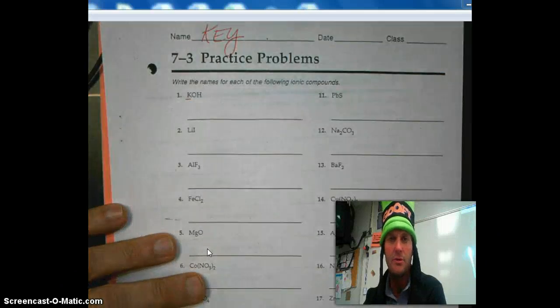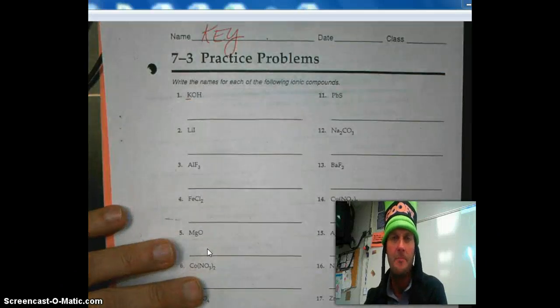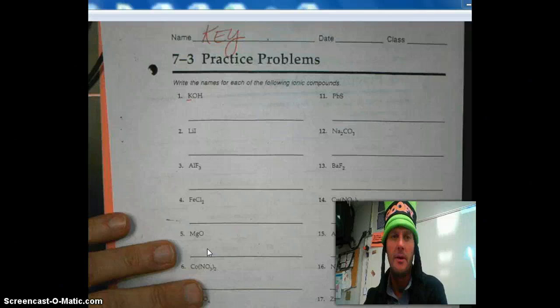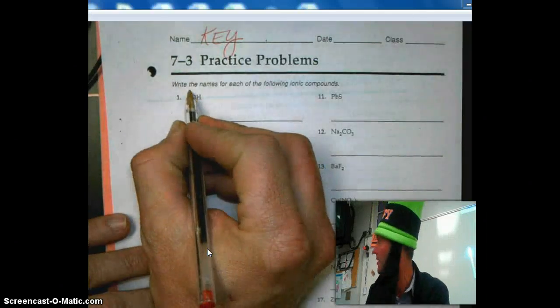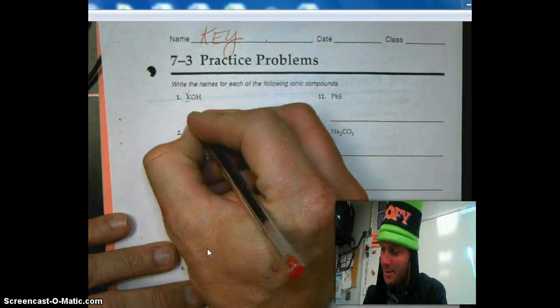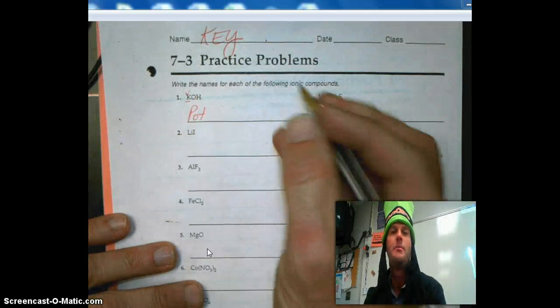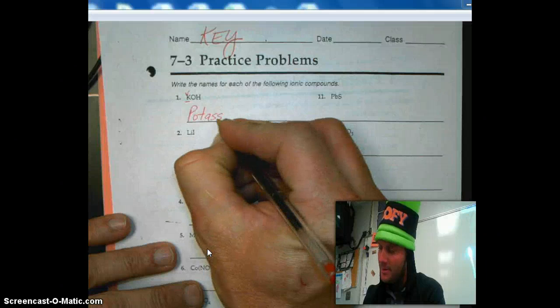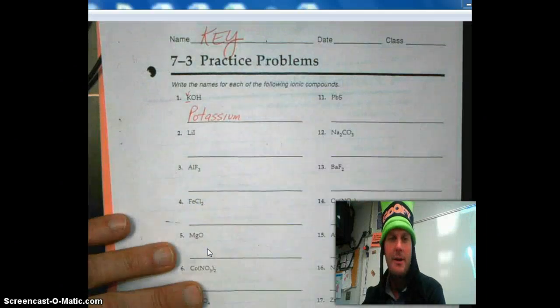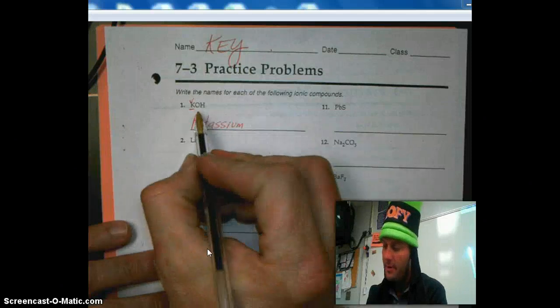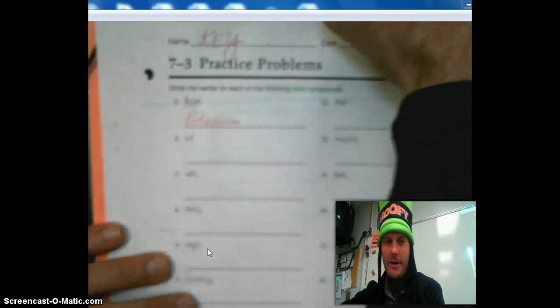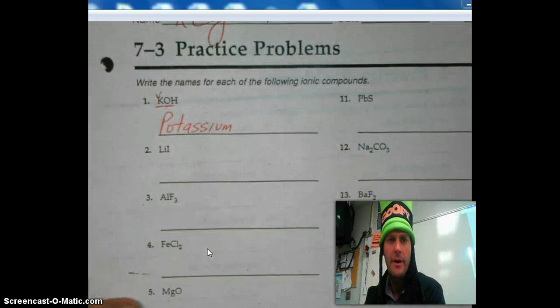And your rules. So if you have your rules out from yesterday, the PowerPoint, it says name the cation. So the cation always goes first. So we are going to name this potassium. Now it says name your anion. So in this particular case, our anion is OH.